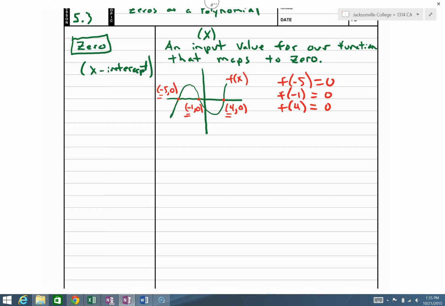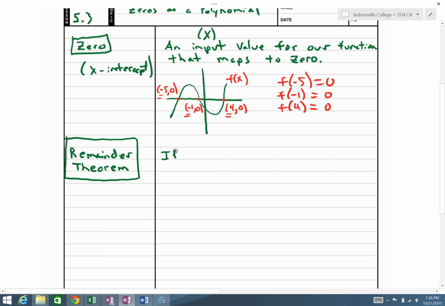Remainder theorem. The remainder theorem states: if polynomial p of x is divided by x minus r, this is some binomial factor, the remainder is p of r.